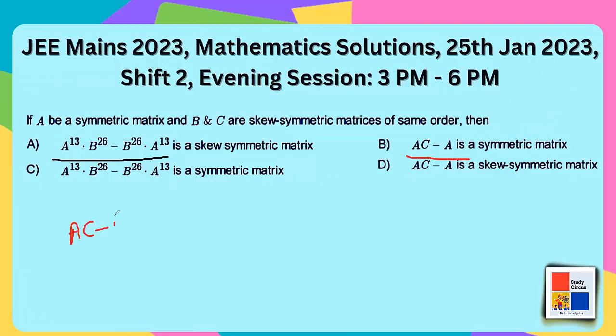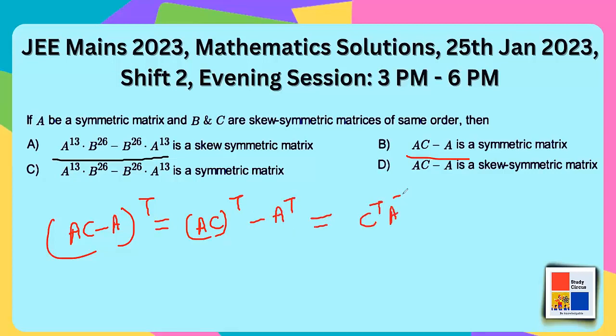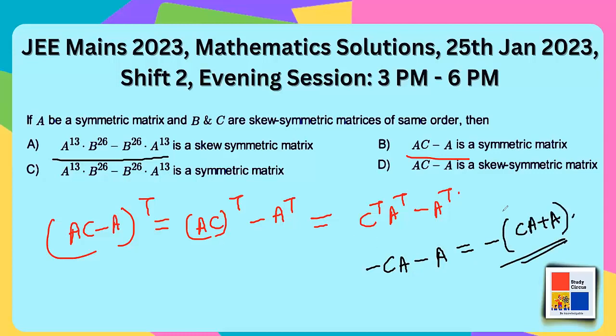AC minus A: if I take the transpose of this, by the same properties, this is (AC) transpose minus A transpose, equal to C transpose A transpose minus A transpose. Now A transpose is A only, C transpose is minus C. So minus CA minus A, that is minus CA plus A. This thing is not the negative of the original, nor the same as it.